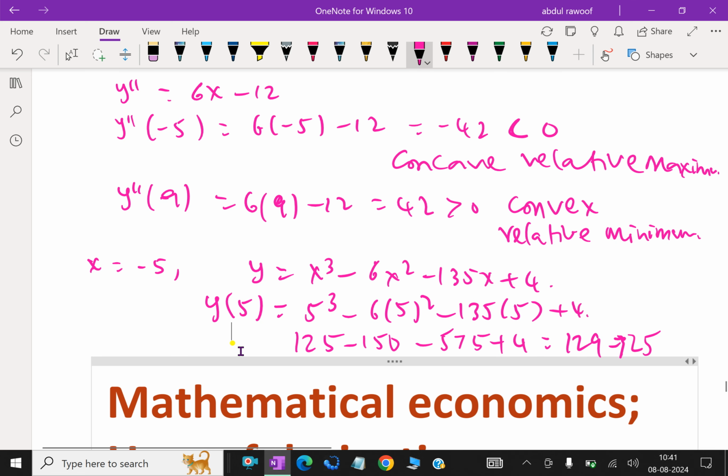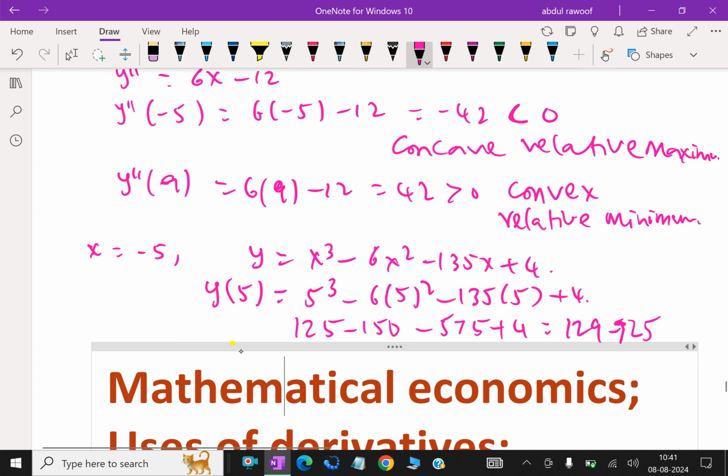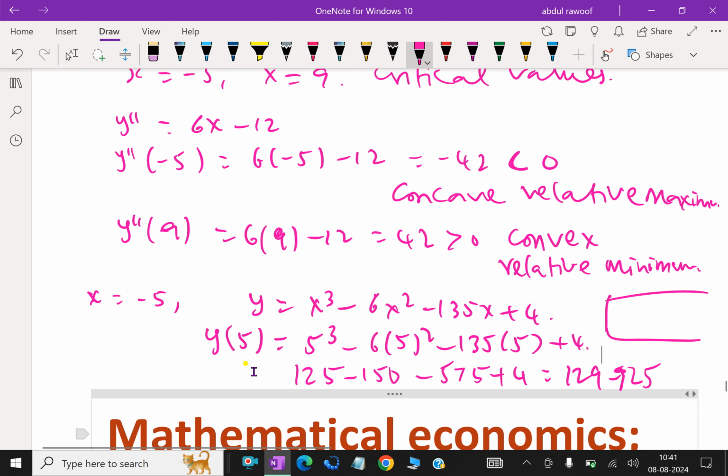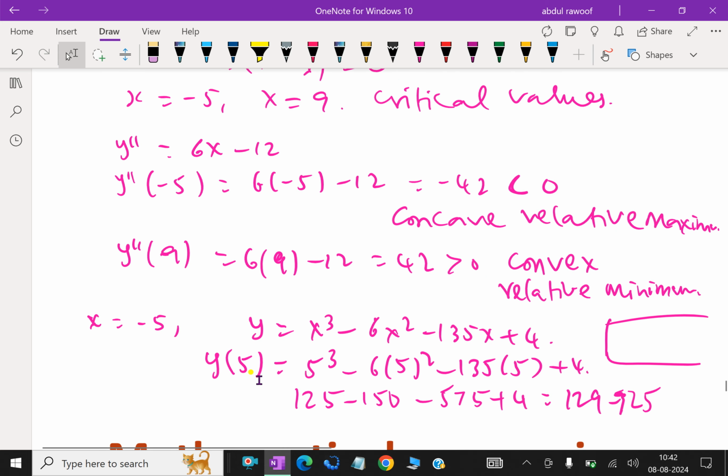We have the answer for this, which is equal to 725 minus 129, that is 596.